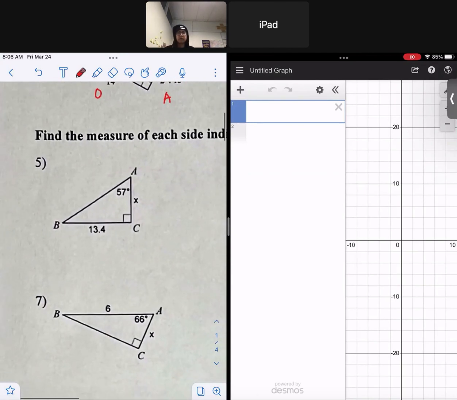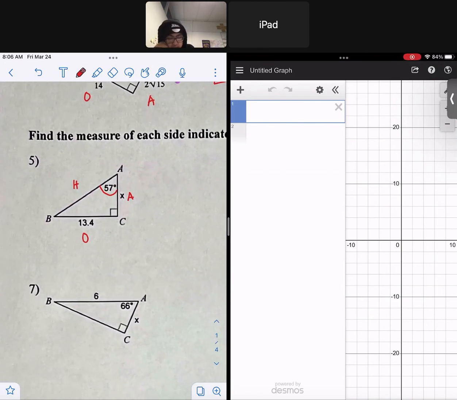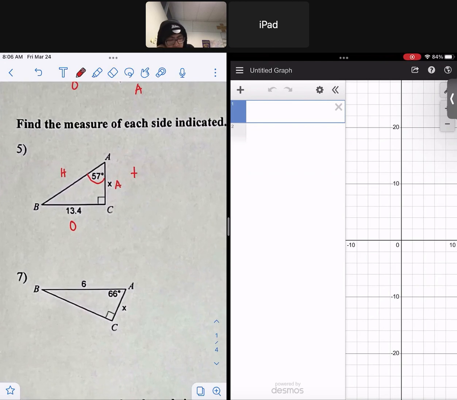Okay, so in the perspective of this angle, this is opposite, hypotenuse, and adjacent. There is information at O and A, which uses tangent. So tangent of 57 degrees equals opposite over adjacent. Put this all over 1.